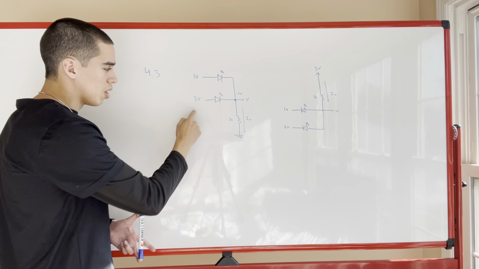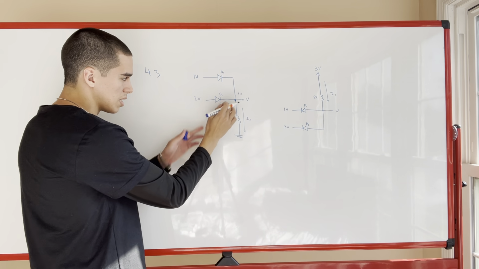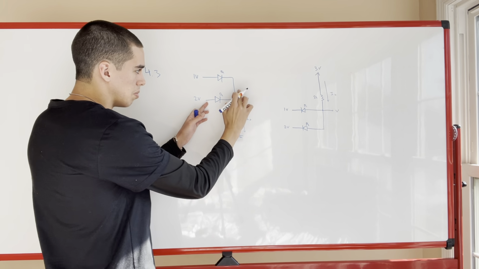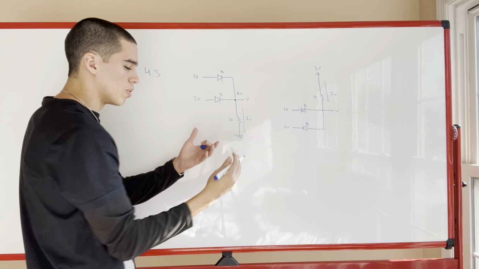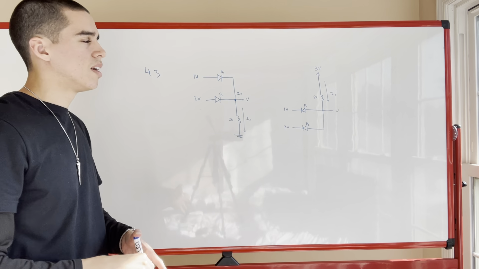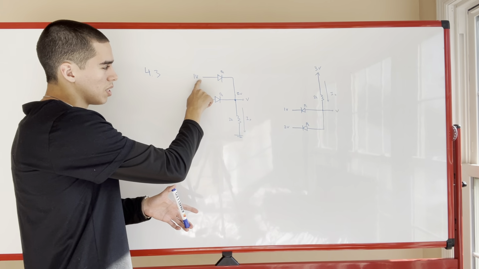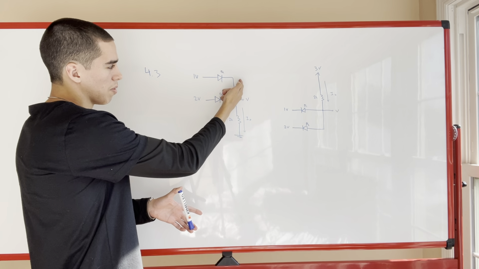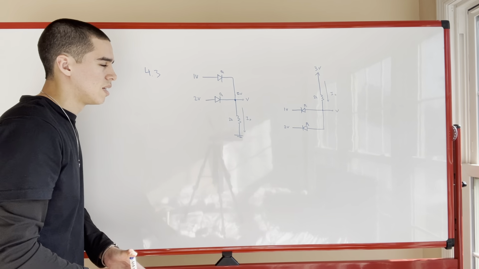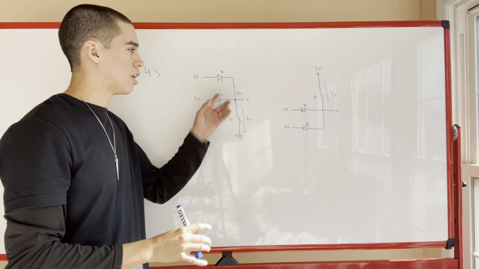So if D2 were on and it was a short circuit, then this entire node now would be 2 volts. So we have to reevaluate our assumptions. So if this were 2 volts and this were 1 volt, then that would mean a current would be going in this direction, and these ideal diodes don't conduct a current in the reverse direction, so that diode would be off.